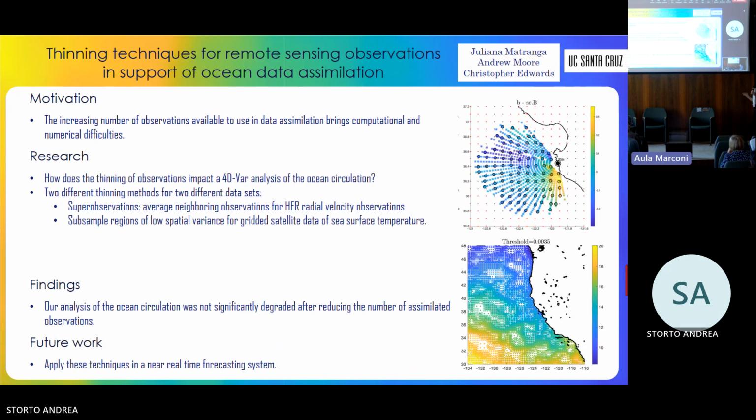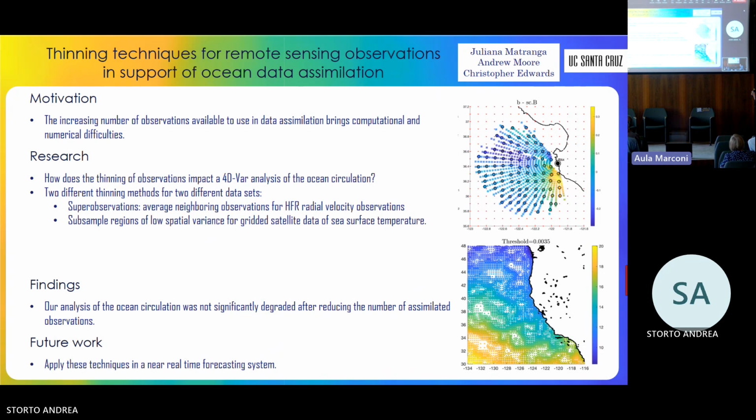It's like the mean of those observations. And for gridded satellite data, I implemented an algorithm which detects regions of high variance, and we keep those observations, and we subsample areas with low variance. Here we can visualize how these two thinning methods look.